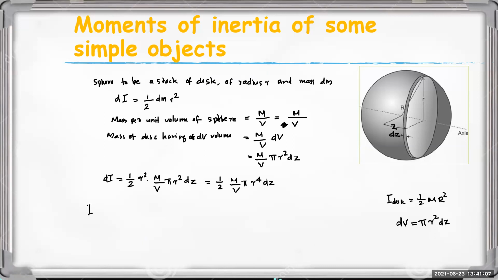The total moment of inertia of the sphere must be equal to the integral of dI. The integral is to be done over the z axis. What will be the limit? We have mentioned that the limit must be minus R to R, the lower portion to the upper portion.